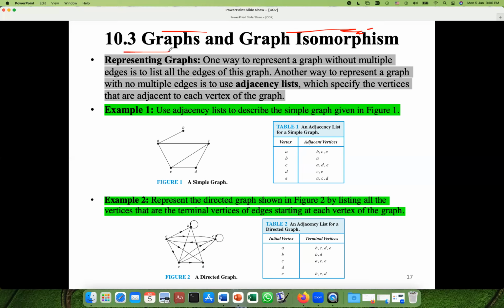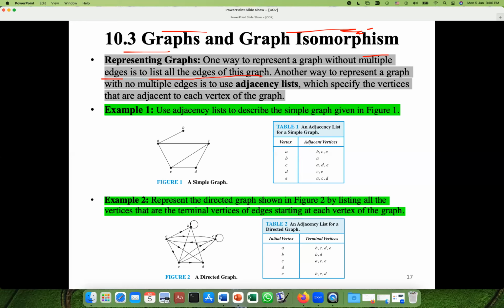We can represent a graph without multiple edges. We suppose that graph is a simple graph without multiple edges. Then we can represent that graph if we write down all the edges of that graph on a paper or in a list.